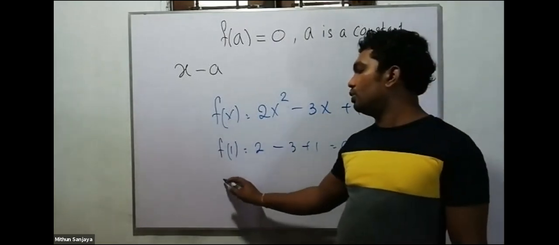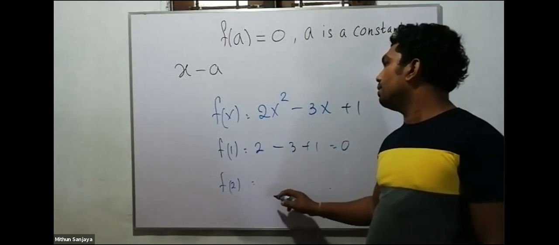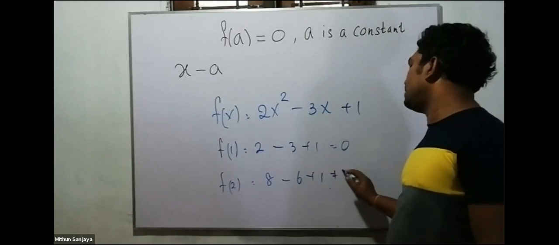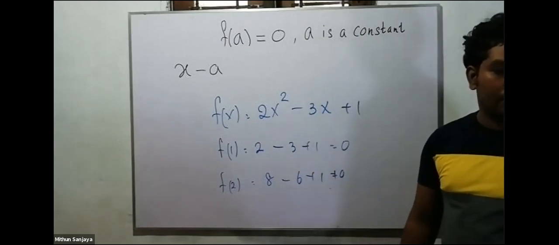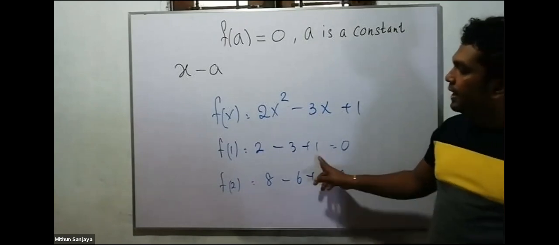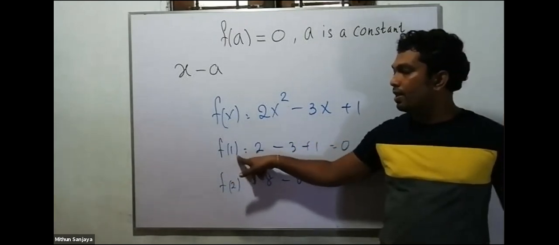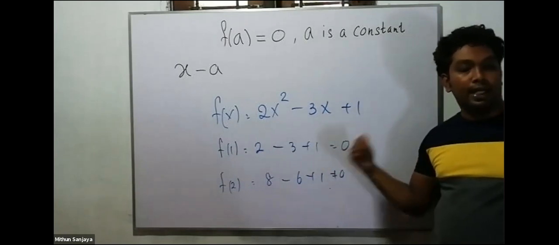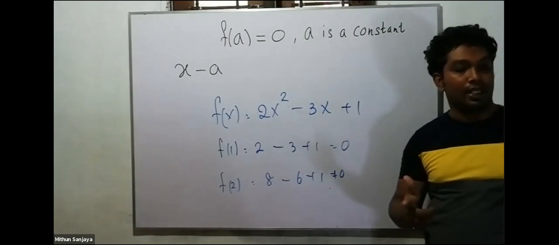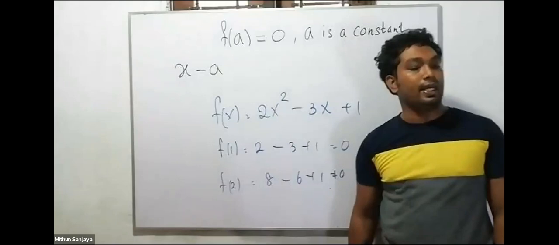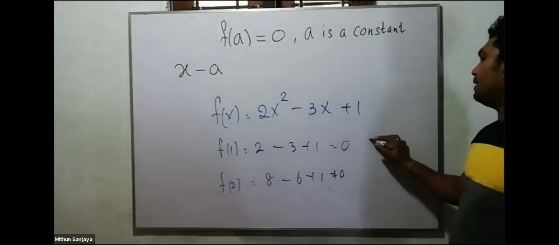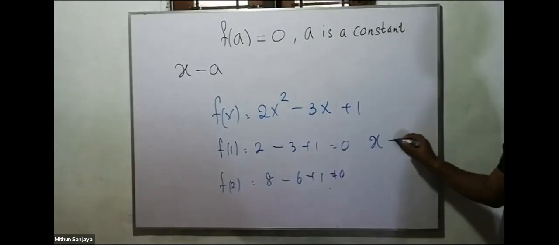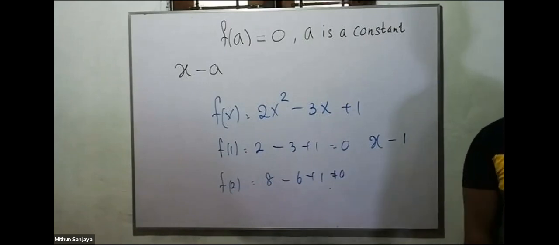But if we substitute 2, what happened? 8 minus 6 plus 1 is not equal to 0. So if we can identify some value a that makes it 0, then we can tell what the factor is. The factor is x minus a. How do we write it? We write that value with x, with the minus: x minus 1 is a factor.